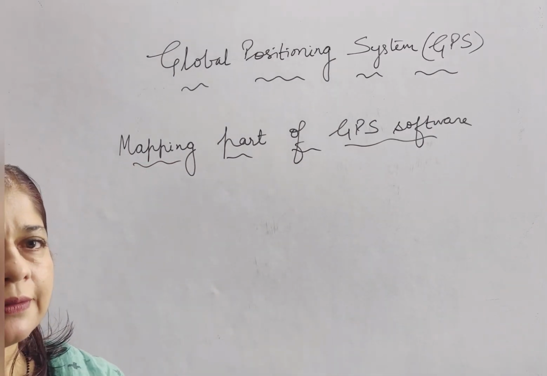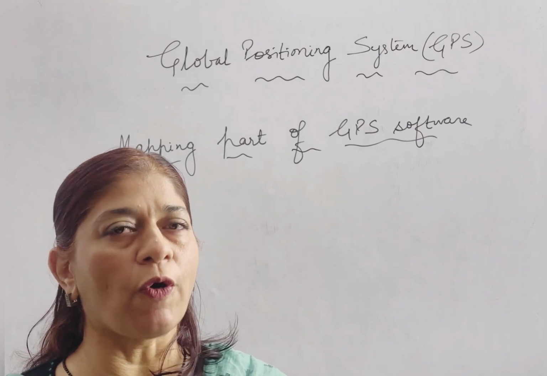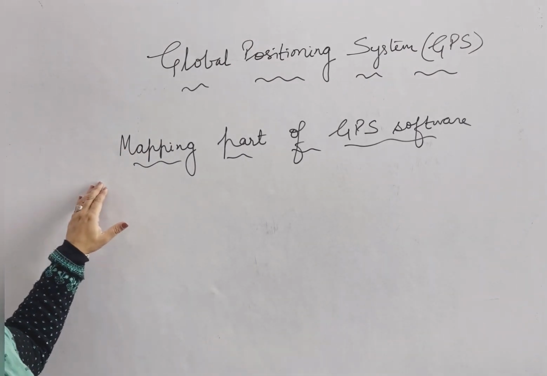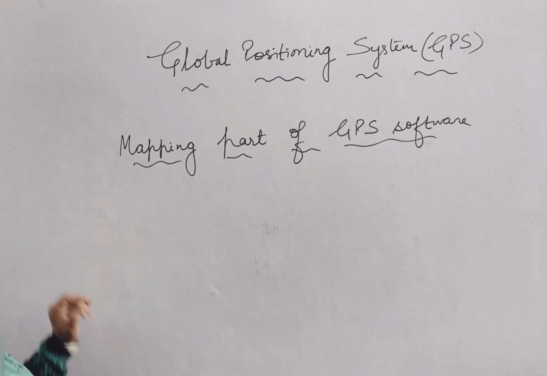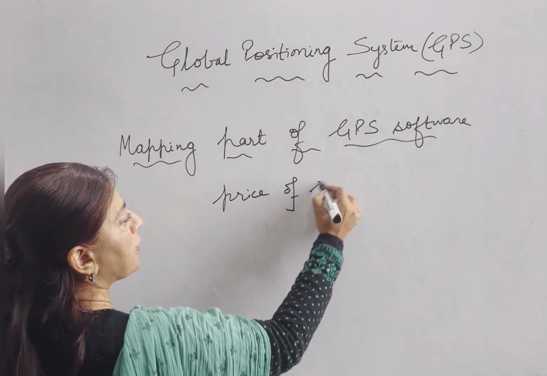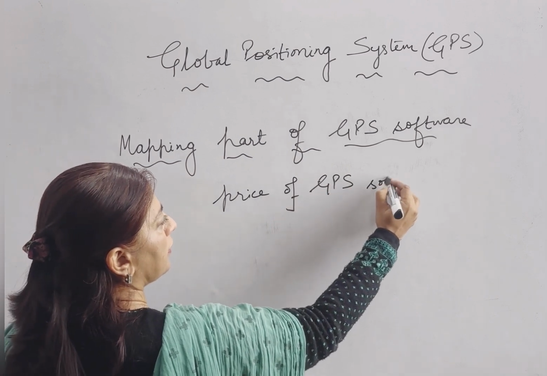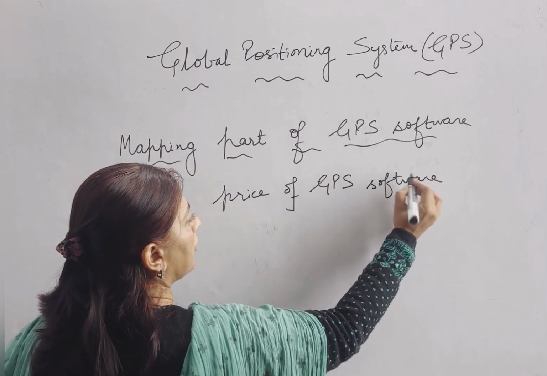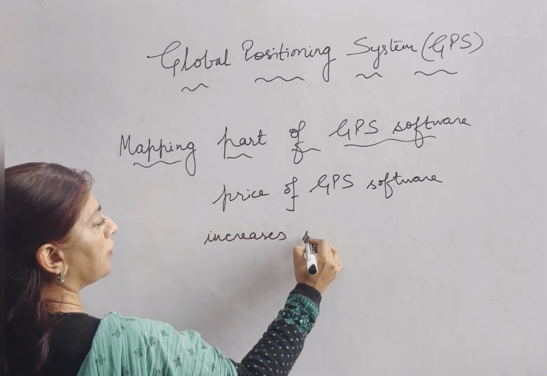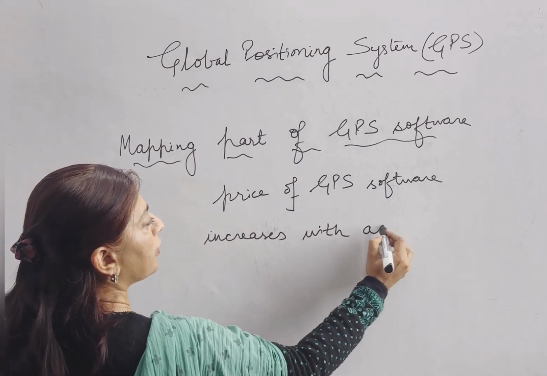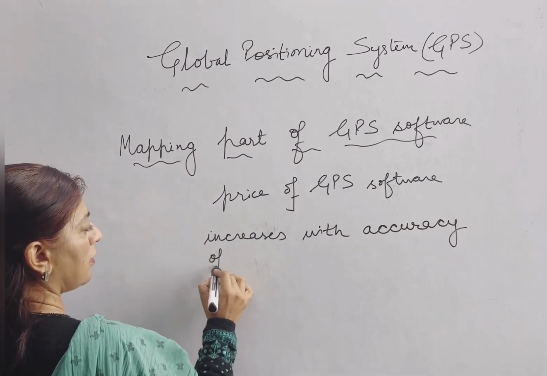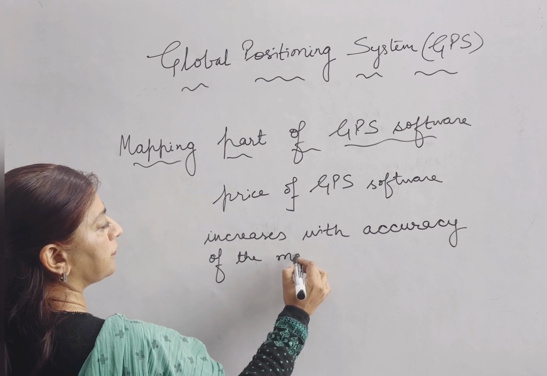Next, we are going to talk about the mapping part of GPS software. When we compare the GPS system or the softwares, which one will be doing it more efficiently? So the price of GPS software increases with the accuracy of the mapped data.